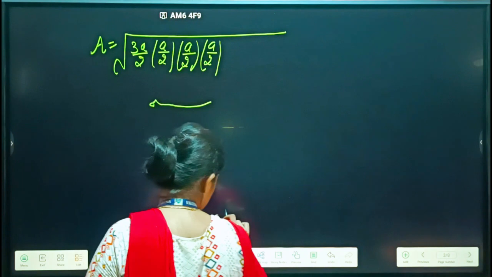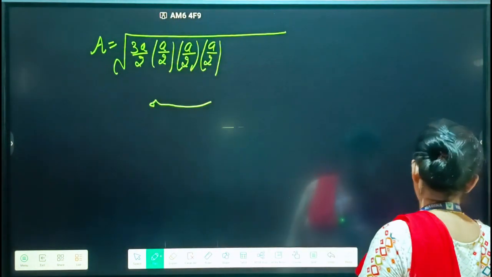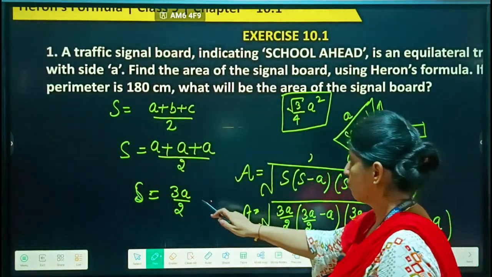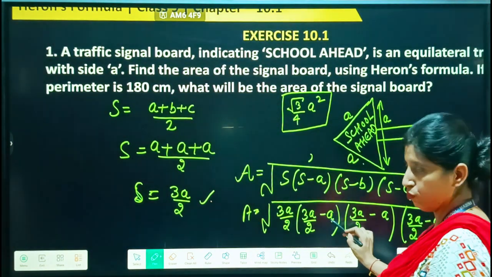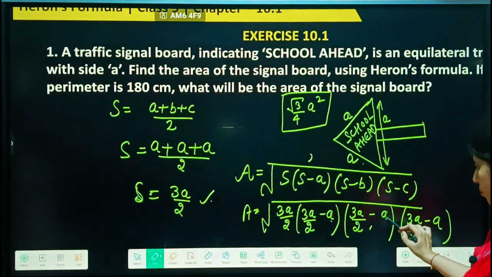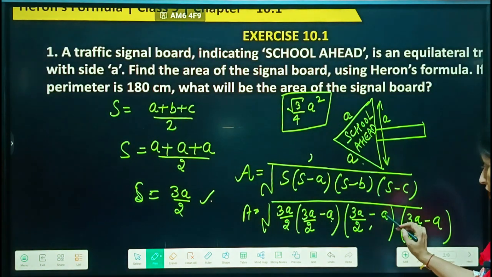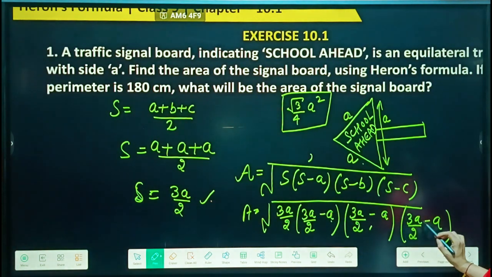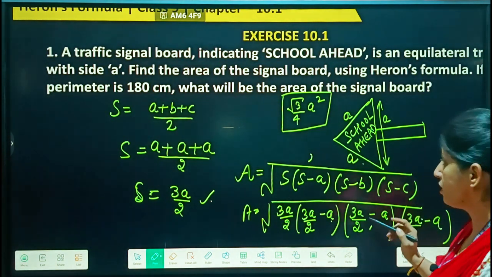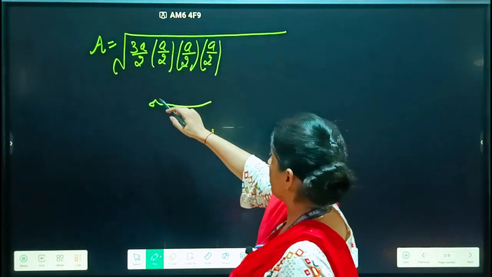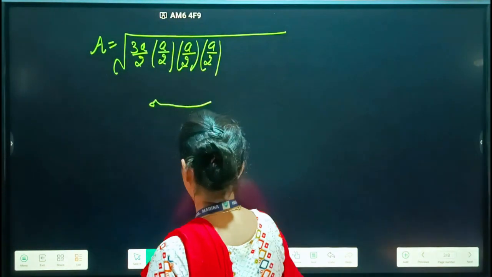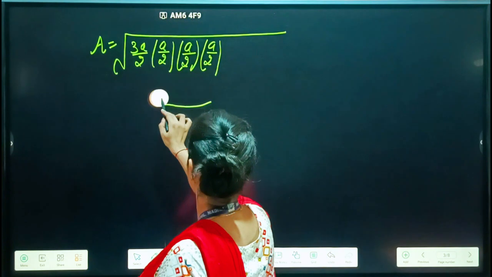Look, we will check this. 3a by 2 minus a, because we will take the LCM here, 3a minus 2a, a by 2. Here again 3a minus 2a, a by 2. Right? So it will become like this: 3a by 2, a by 2, a by 2 and a by 2. Right?